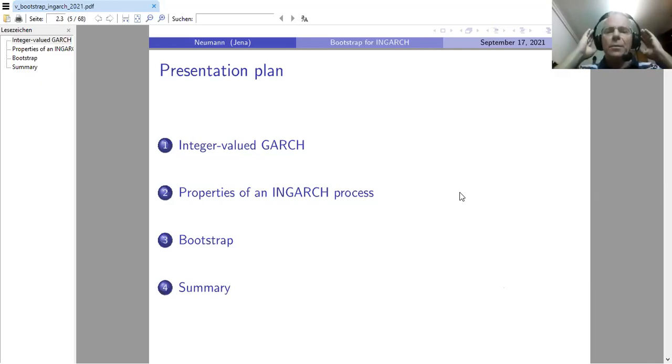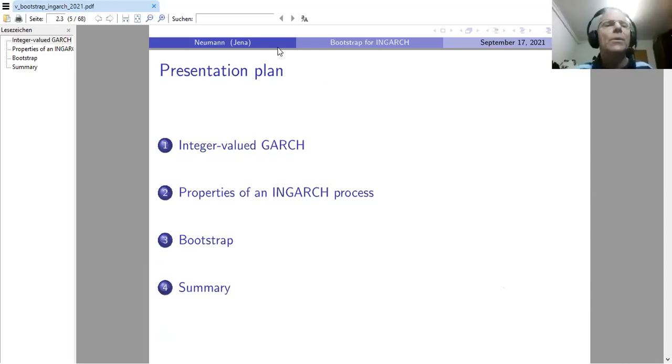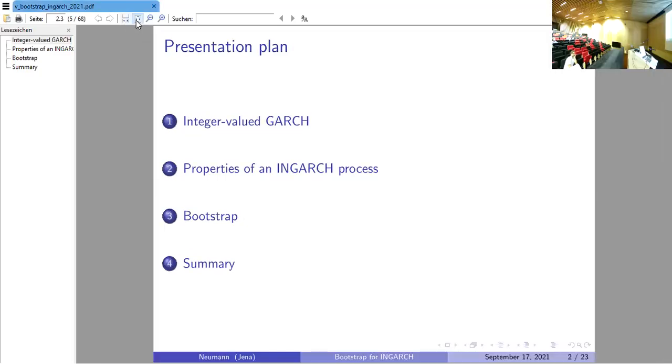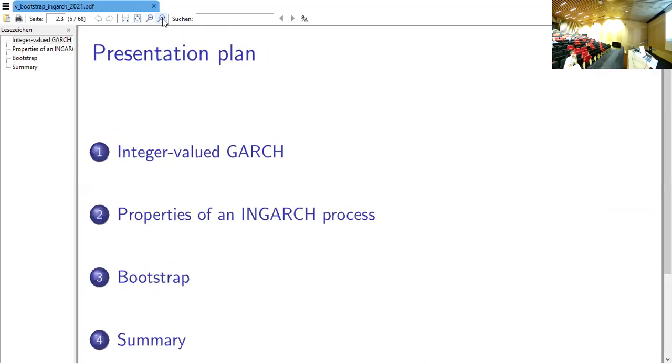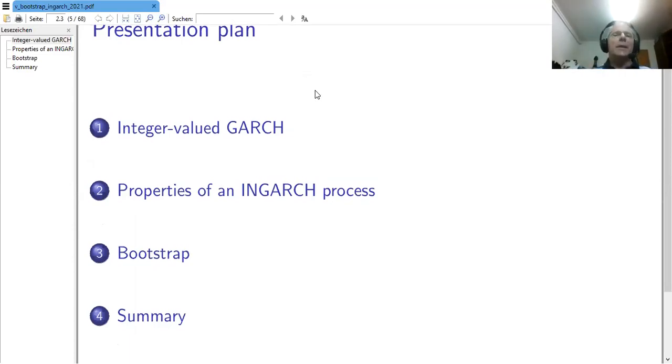Okay, and you can still hear me. You can put it on the full screen thing, so we don't need to see the side of the slide. How can I do this? Presentation full screen or something. Is it now a bit better? It doesn't matter. We see very well. Don't worry. Okay. Anyway, on the left margin, there is still something which is not necessary, but I hope now you can see everything quite well.